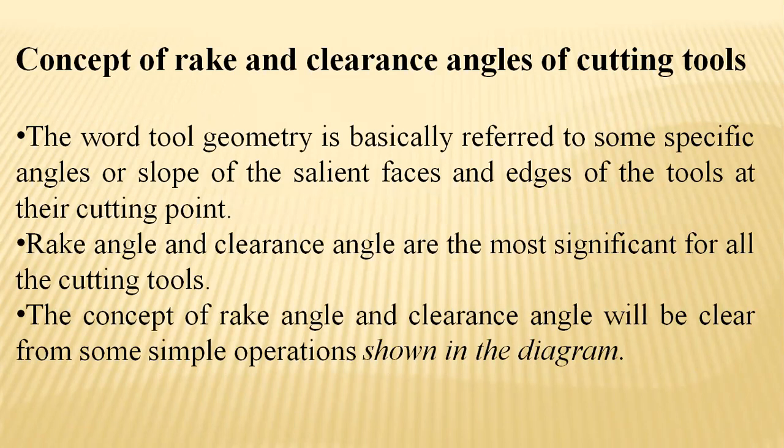We'll be looking at the rake and clearance angles of the cutting tools, depending upon the finishing to be obtained at different phases of the material. For example, a rectangular cuboid, a rectangular cube is existing.